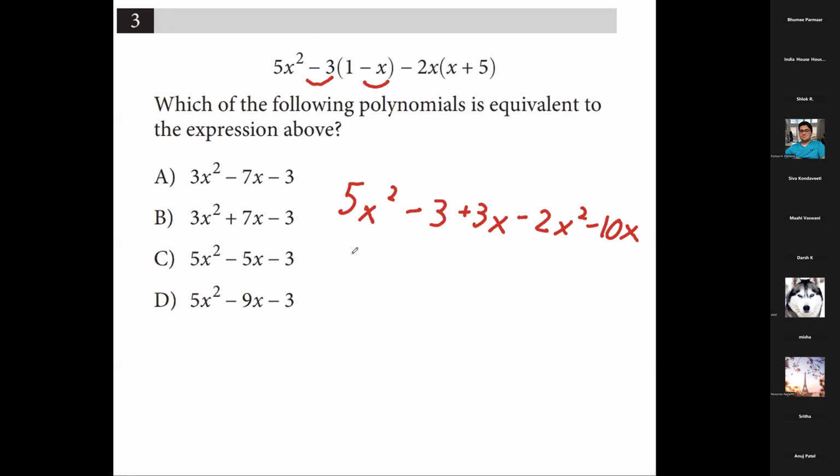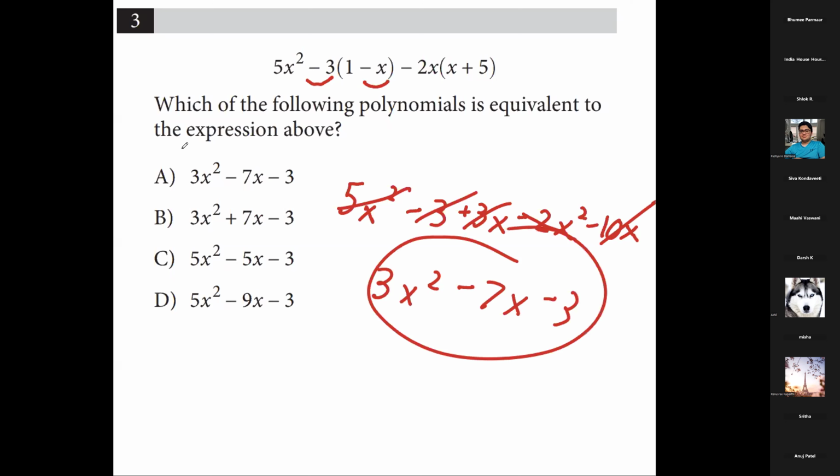So 5x squared minus 2x squared is 3x squared. Positive 3x minus 10x is minus 7x. And then you're left with minus 3. So this is the correct answer, which is answer choice A.